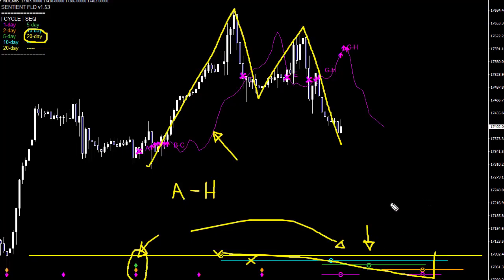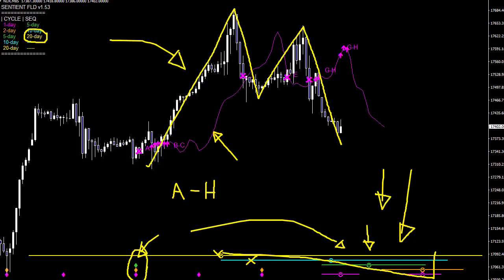And I should point out that, of course, if we are coming into a 20-day cycle trough, which still lies ahead of us, it probably hasn't formed yet, then because this is going to be a big cycle trough that's forming here, I'm drawing lots of arrows to indicate that, we would of course expect this M shape to be a bearish M shape. I hope that that makes sense.